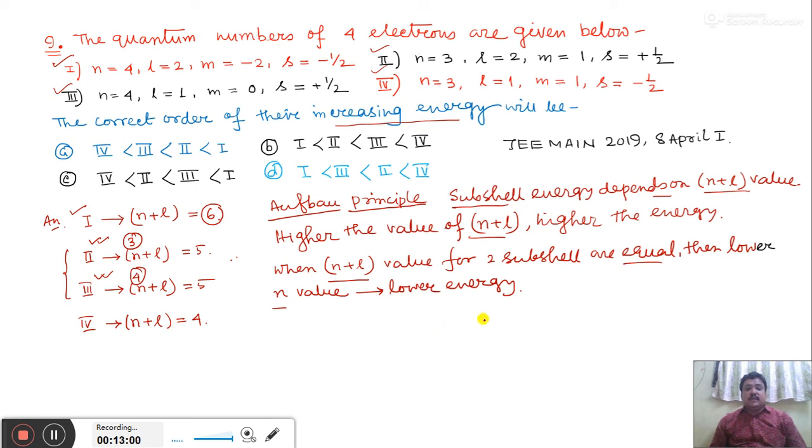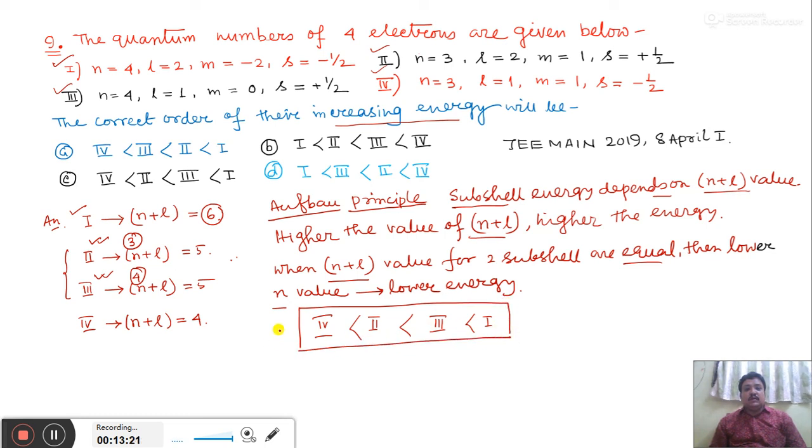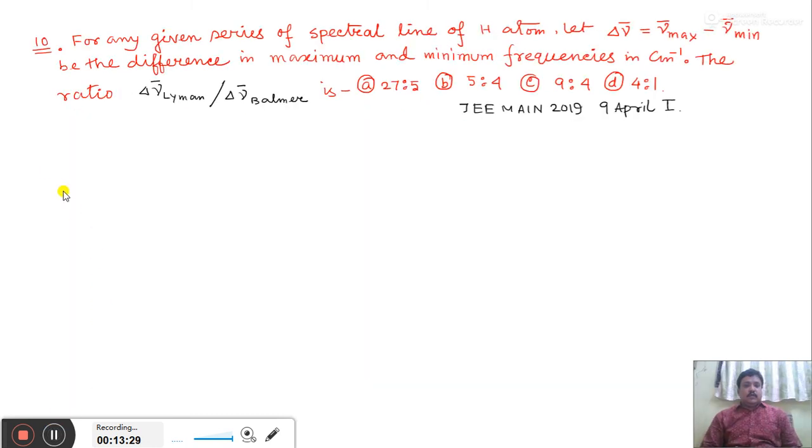So maximum energy is 1, then 3, and then 2. Now 4 has the least energy because its n + l is minimum. So the increasing energy order is 4, 2, 3, 1. This answer is option C. So option C is the correct one.